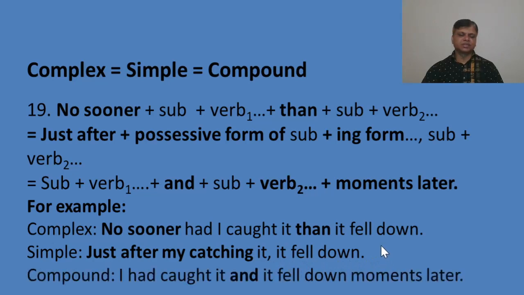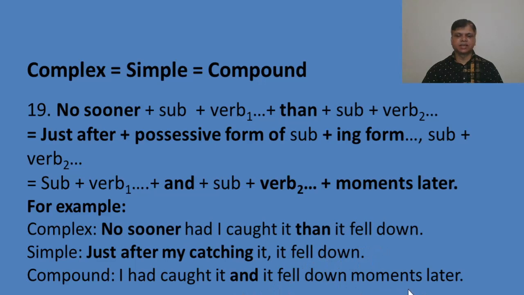If you want to make it a compound sentence, first you have to omit no sooner, then use I had caught it. That is the first clause. You have to use the first clause here without no sooner. Then use a coordinating conjunction and then the second clause.